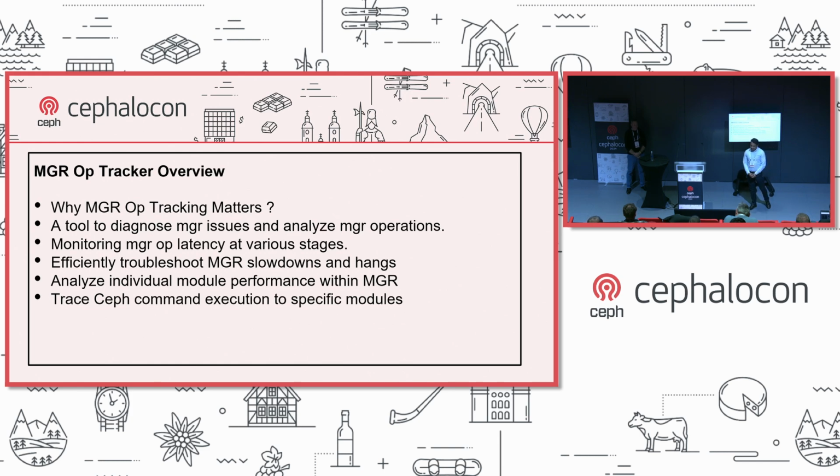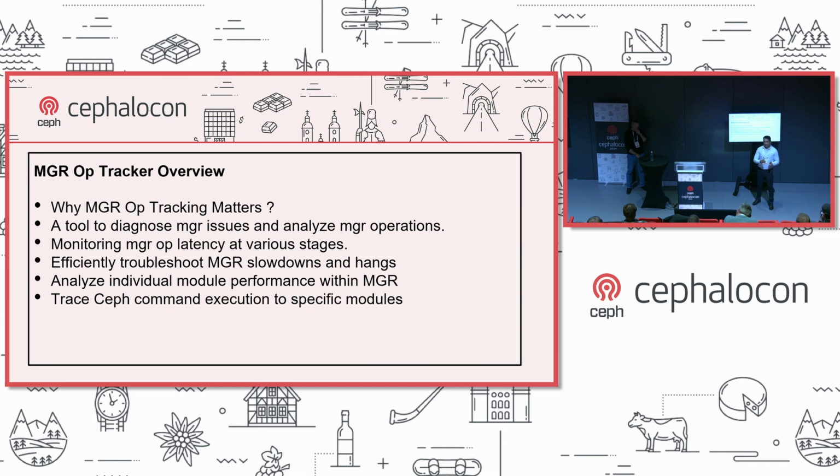I would say, take the op latency. If you run some MGR command, it will show where most of the time is being spent by that particular command, whether it's within the module, when the op is being handled by the particular module, or within the core.